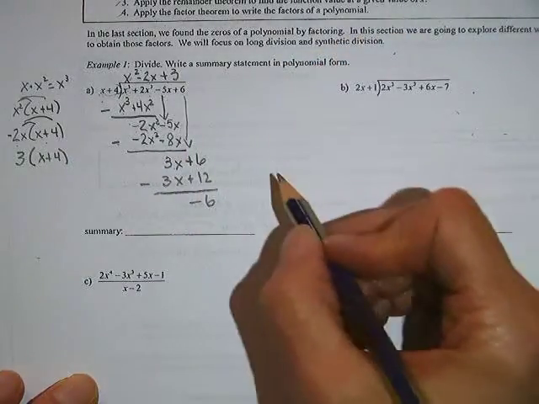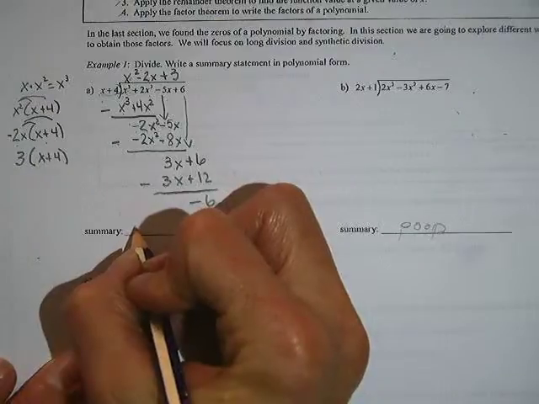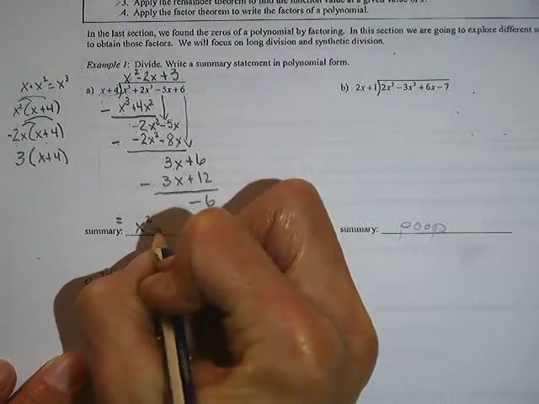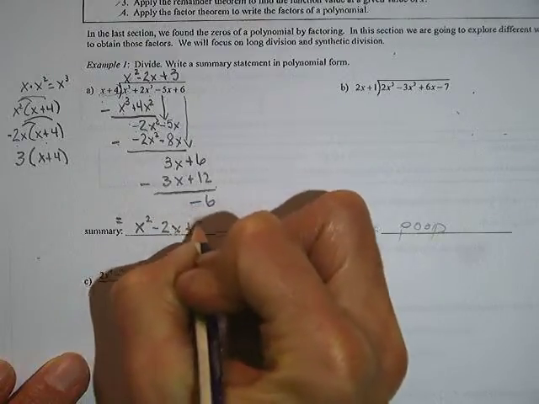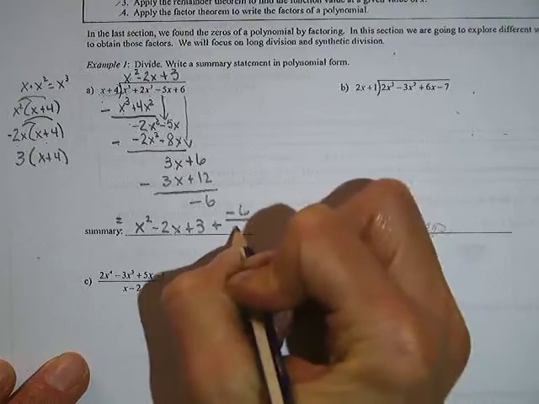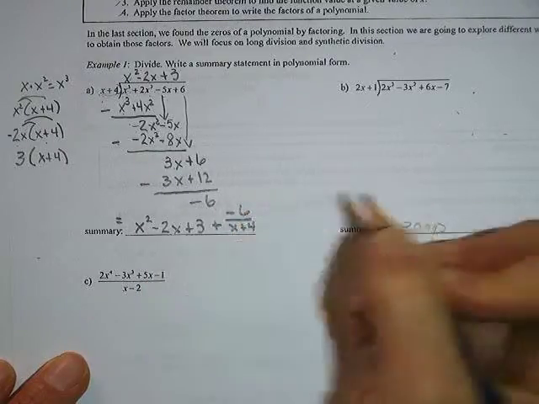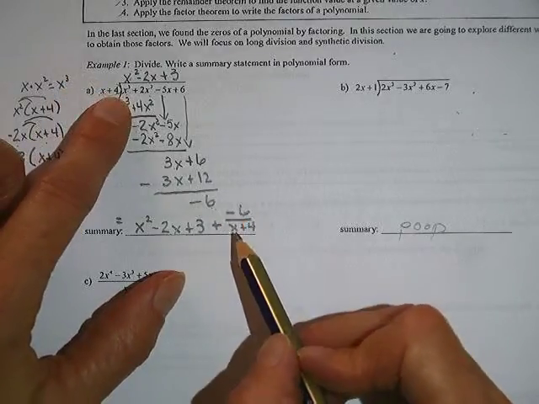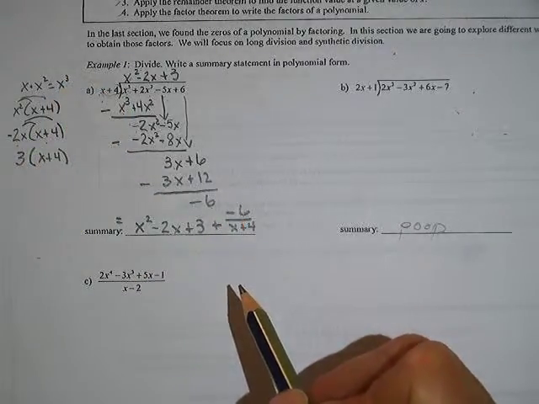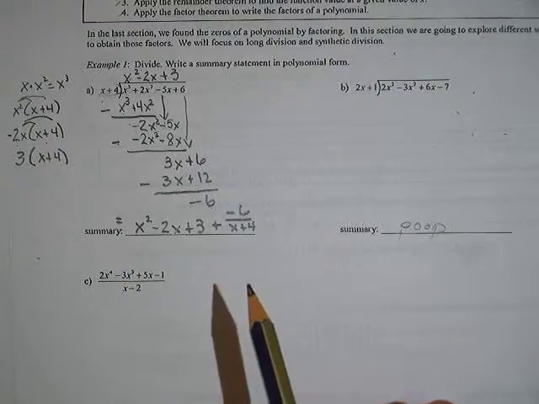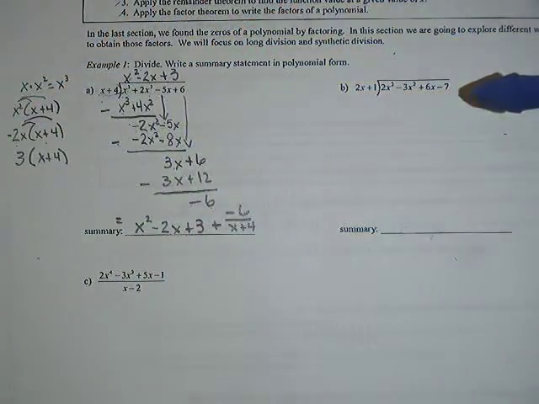Other times, they want you to write it like this: x squared minus 2x plus 3 plus negative 6 over x plus 4. Where did I get that? I got the negative 6 from here and the x plus 4 right there. That's my summary statement.